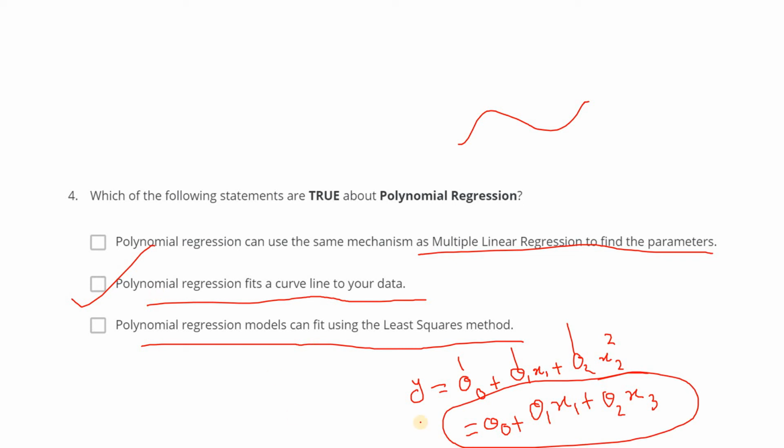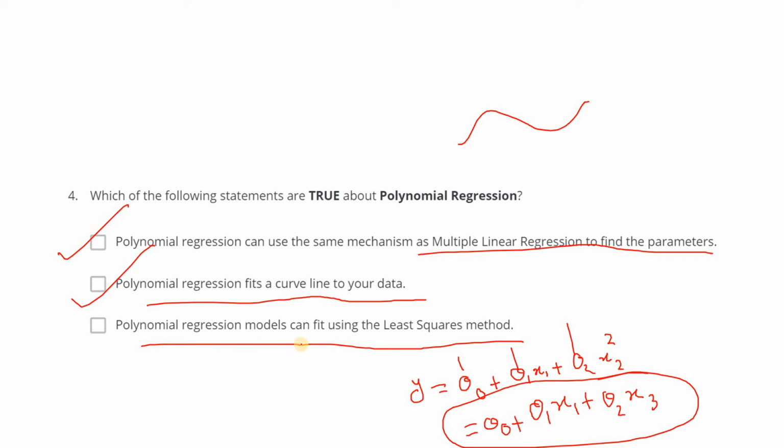I have told you this concept also, that different polynomial forms of equation can be converted to linear form of equation, and then we can apply the simple linear regression concept on that to get the values theta naught, theta 1, and so on. So the first option is also correct: polynomial regression can use the same mechanism as multiple linear regression to find the parameters.